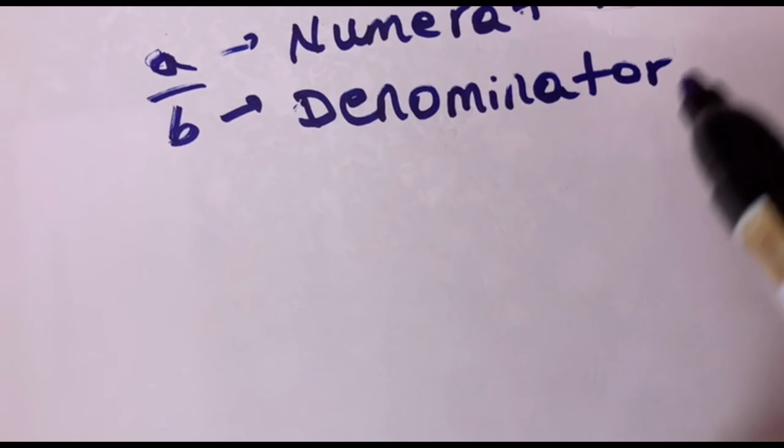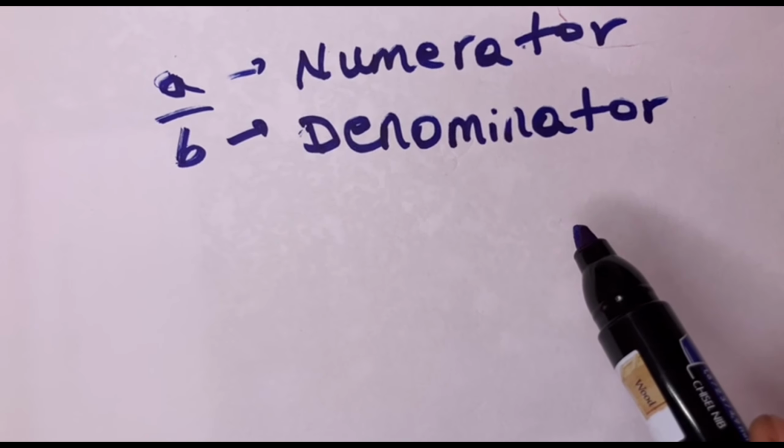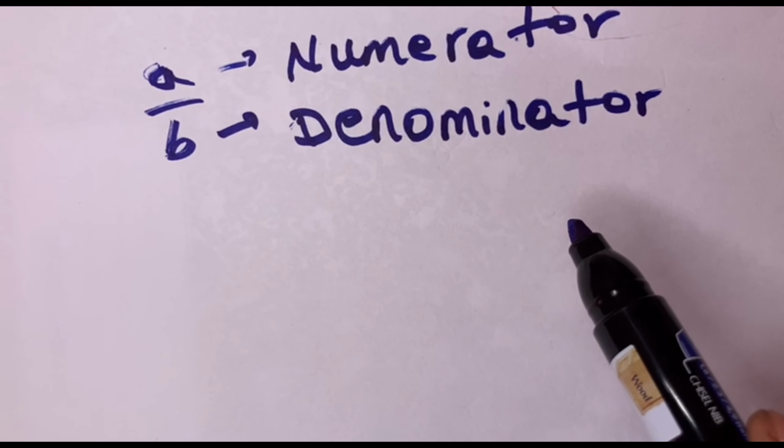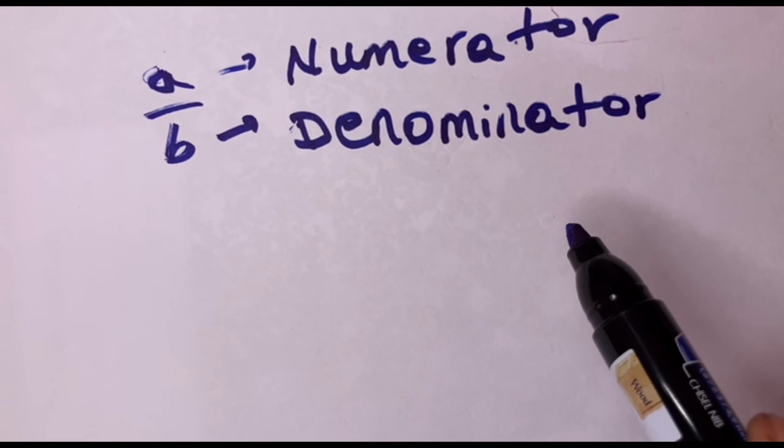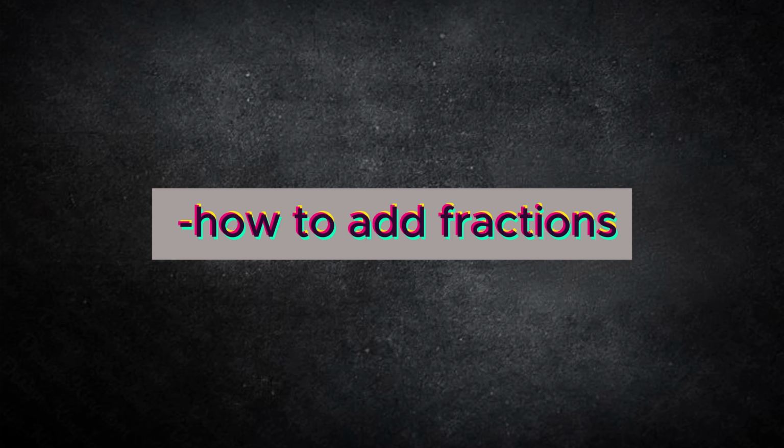So this is the terminology and the type of the number, A over B. That is a fraction. Today we will learn how to add fractions.